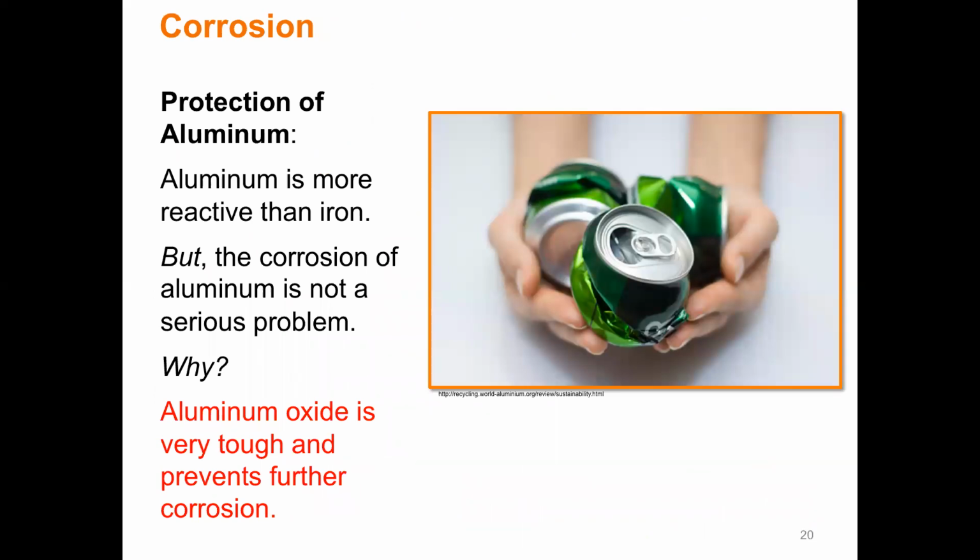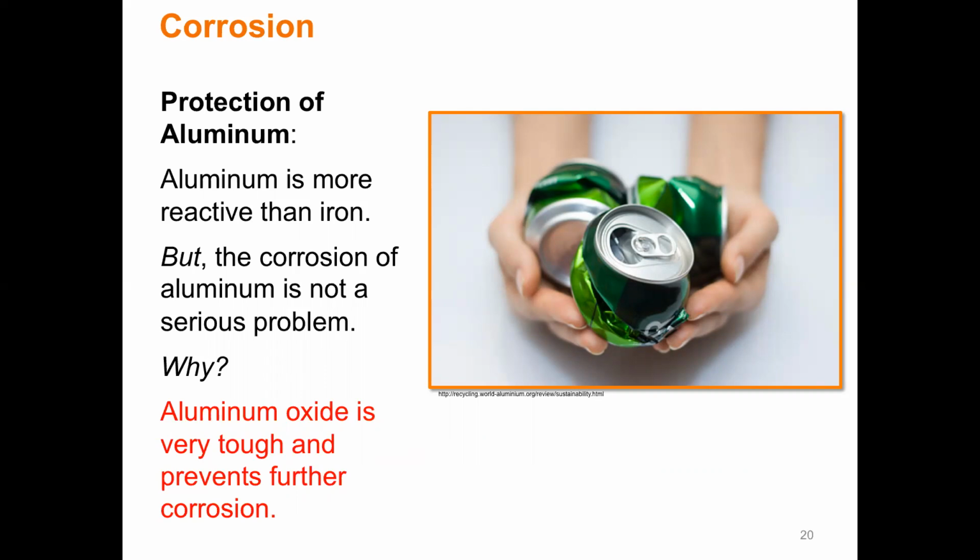So aluminum also corrodes. In theory it's more reactive than iron. But the interesting thing about aluminum is that once it gets this coating of aluminum oxide, it is very tough, and it's hard for air and water to get through it.